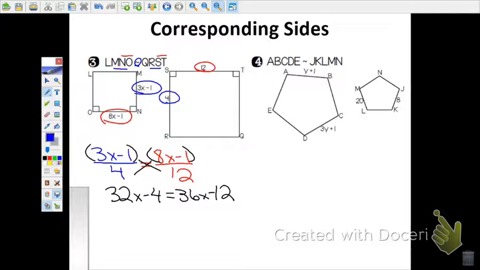So when I solve, I'm going to get rid of 32x, so subtract it, which leaves me with 4x. I'm going to add 12, which gives me 8. So 4x equals 8, which means x is equal to 2.